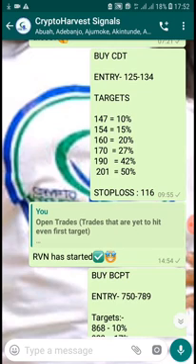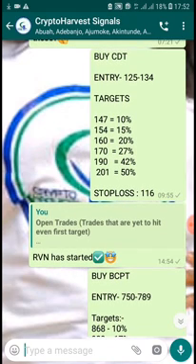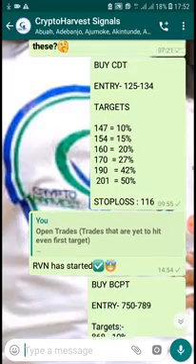Targets are 147 sats, which is 10% profit, 154 sats, which is 15% profit, 160 sats, which is 20% profit, 170 sats, which is 27% profit, 190 sats, which is 42% profit, and 201 sats, which is 50% profit. Then stop loss is 116 sats. I think this profit was calculated from the highest entry point.